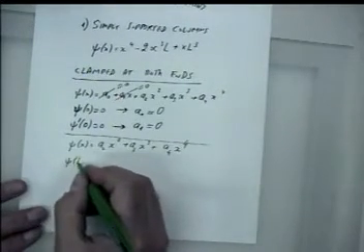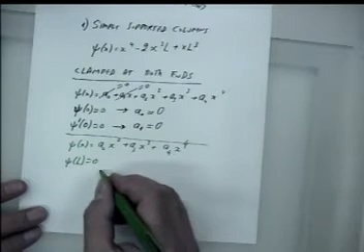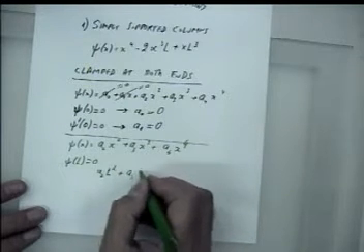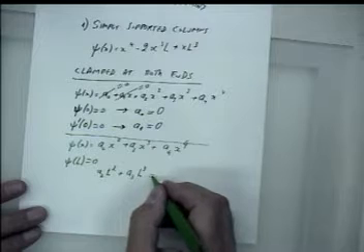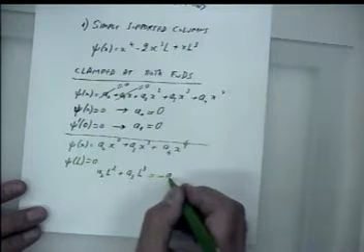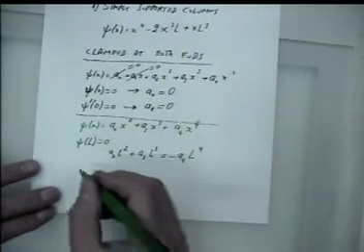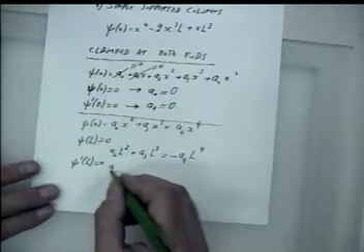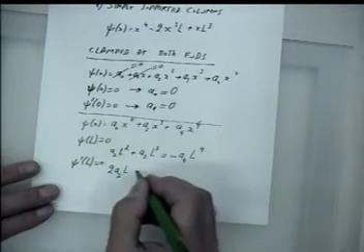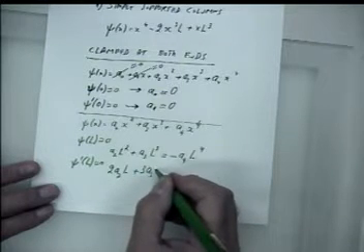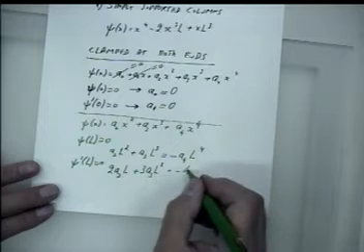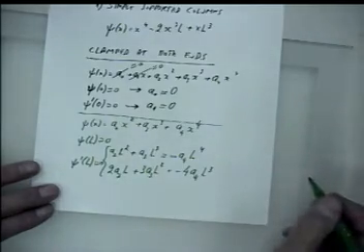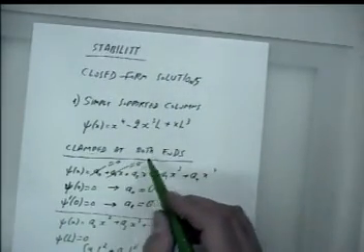Now psi at L equals 0, which gives me a2L squared plus a3L cubed equals minus a4L to the fourth power. And psi prime of L equals 0. And we get 2 times a2L plus 3 times a3L squared equals minus 4 times a4L cubed. I'm talking about clamped at both ends.